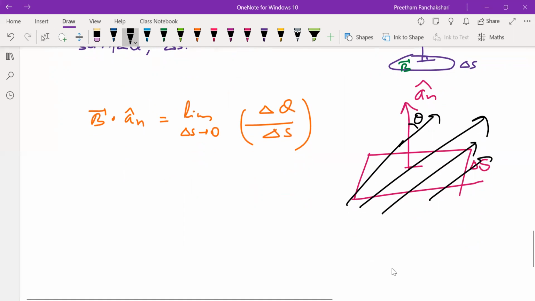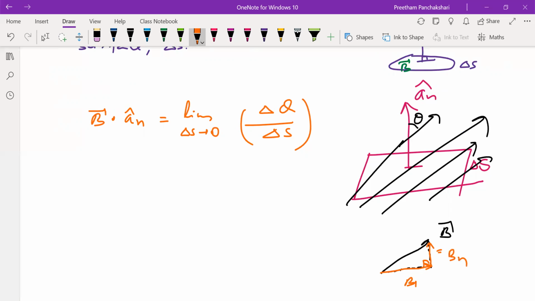What I mean is, if this is the vector B, let us say, then this vector can be split into two components. One is the component parallel to the surface, another one is the component perpendicular to the surface. This component is perpendicular to the surface, so we can call this the normal component, and this is tangential, which is parallel to the surface. This B_T doesn't pass through the surface, whereas B_N completely passes through the surface.